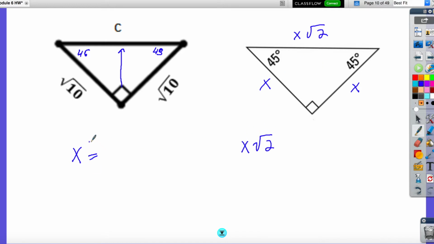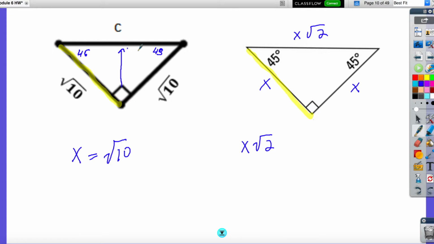Now I know x is radical 10 because on my formula triangle, remember, here are my corresponding sides. On my formula triangle, this represents x, and on this side, it's radical 10. So I know x is equal to radical 10.